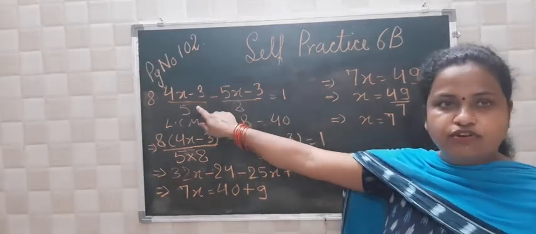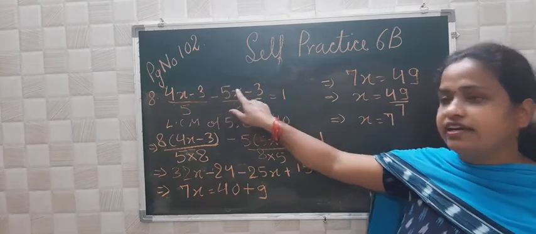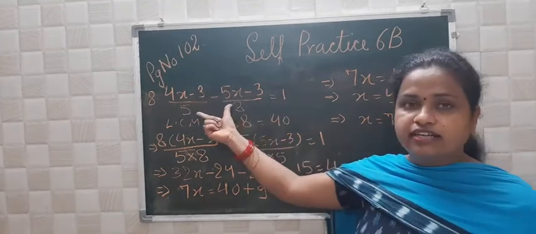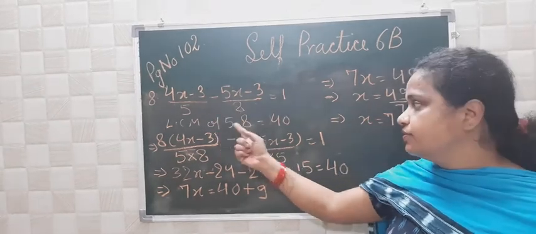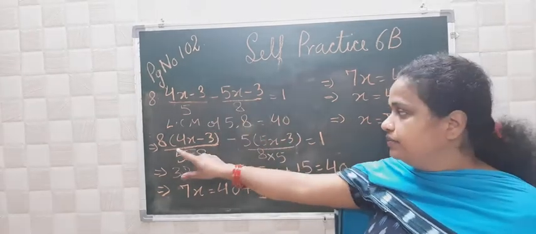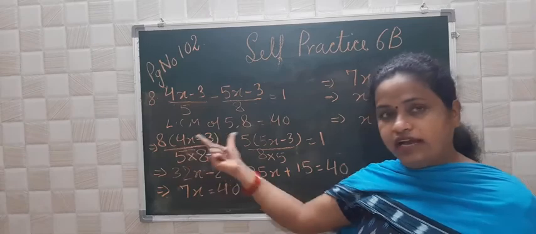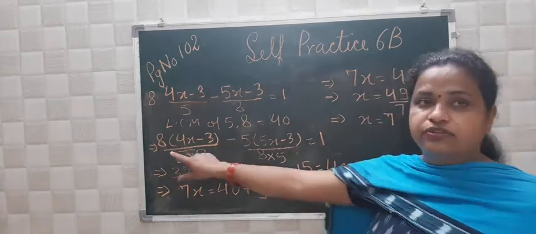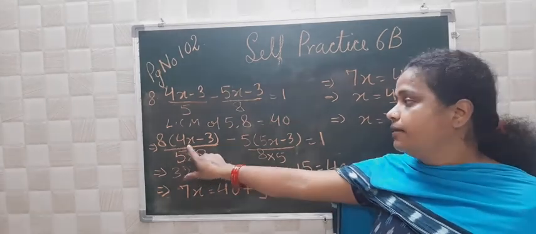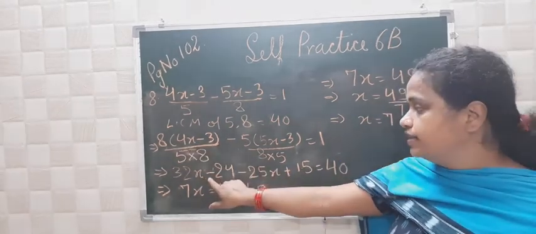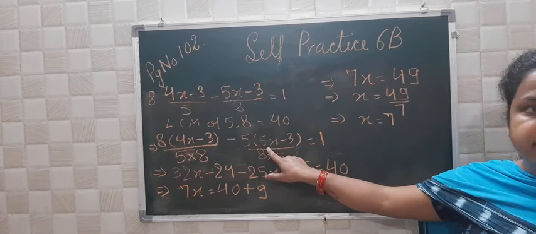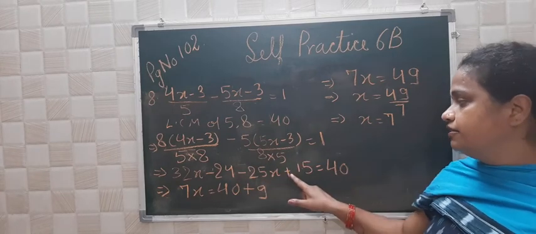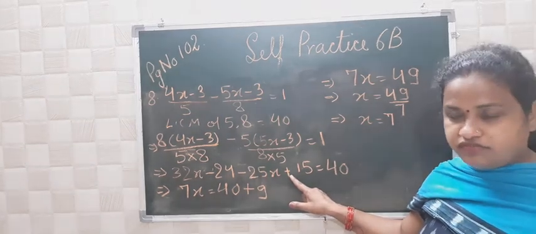(4x minus 3)/5 minus (5x minus 3)/8 is equal to 1. Firstly, you will find the LCM of 5 and 8, which is equal to 40. You will multiply 8 by this whole and 5 by this whole. It is clearly mentioned also. 8 4s are 32x minus 8 3s are minus 24. 5 5s are 25x, so minus 25x, and minus minus becomes plus, 5 3s are 15, plus 15.